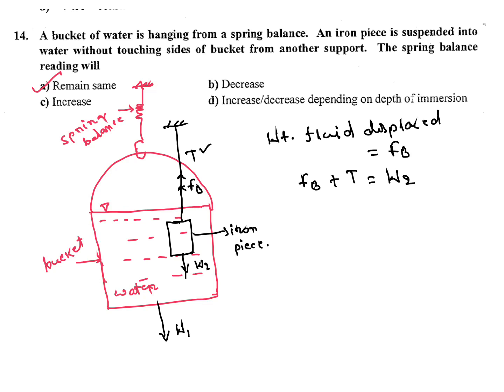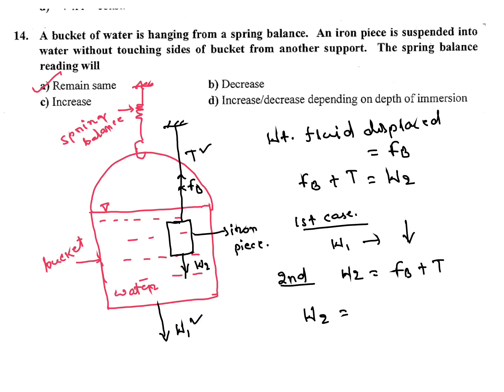In the first case, W1 is the weight of water inside that bucket, direction is downward, and in second case W2 is balanced by Fv plus T. So net downward force W2 is unchanged.